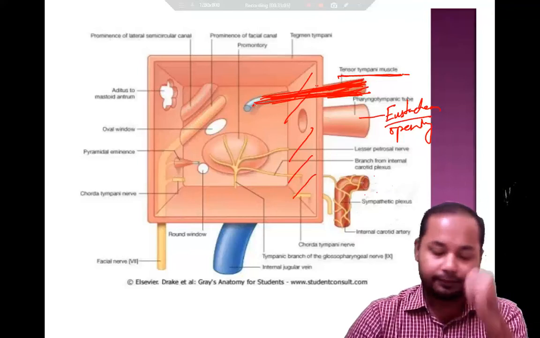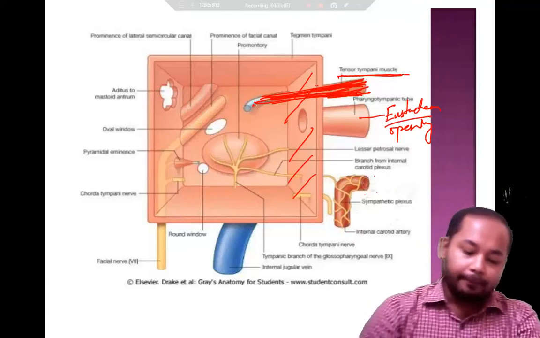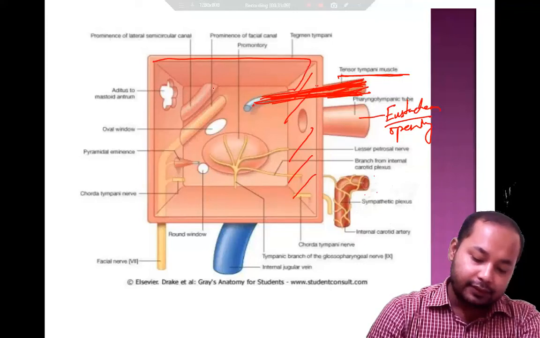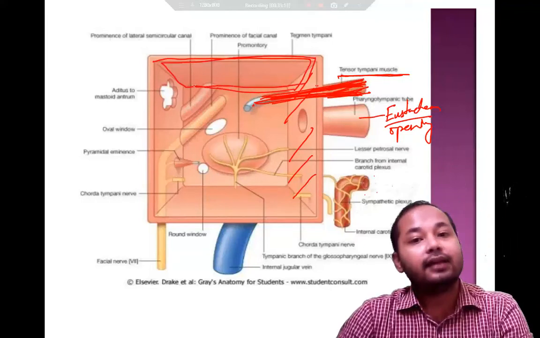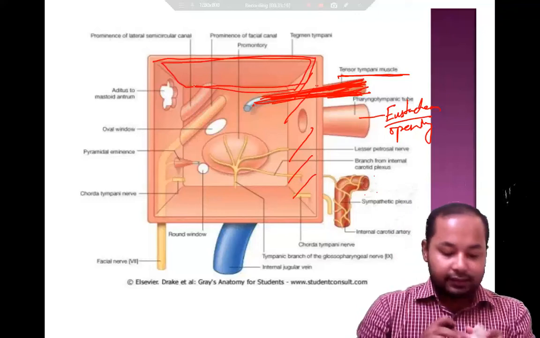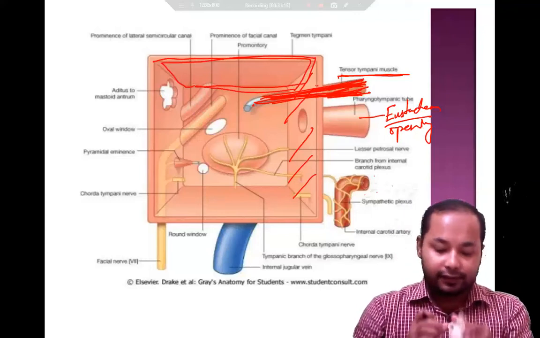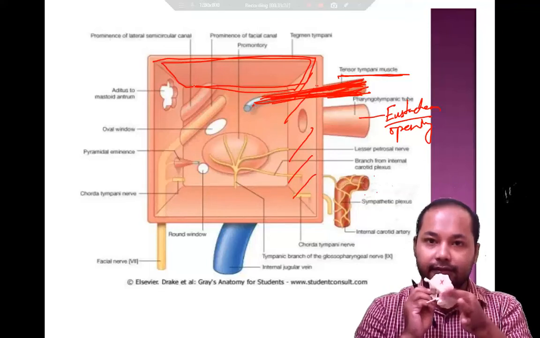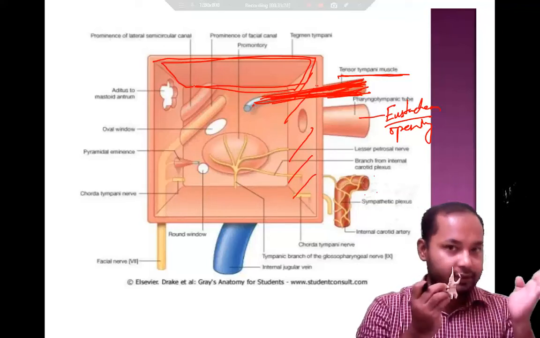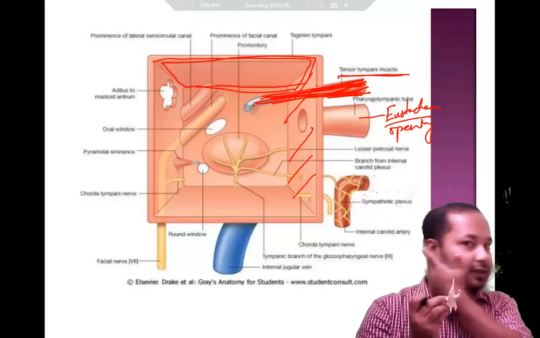Now this upper part is the roof. When I describe the roof, I am going through this surface. This is the external auditory meatus. I will make it face laterally, since you have your ears laterally, not anteriorly.